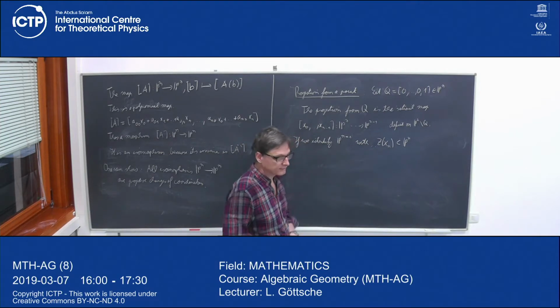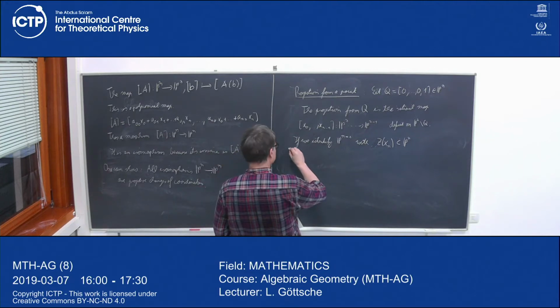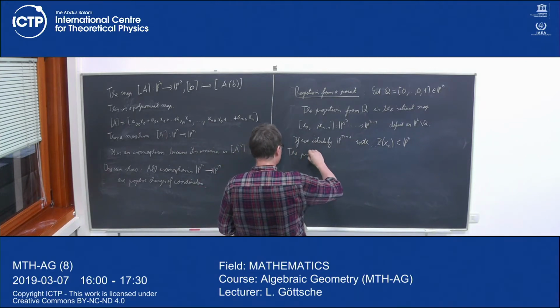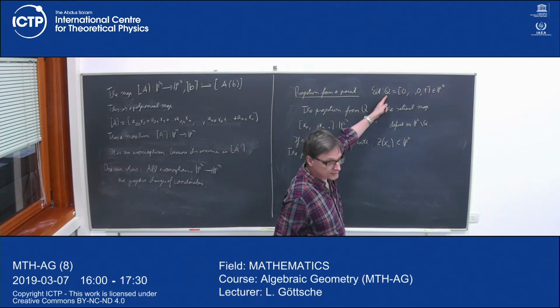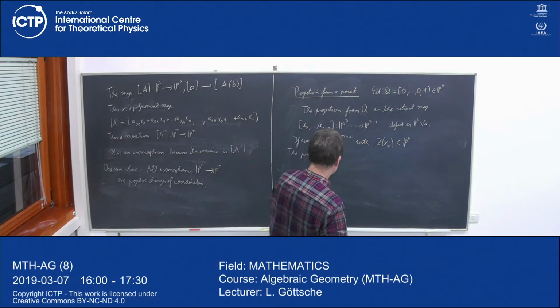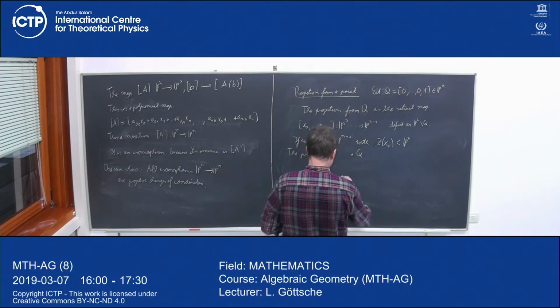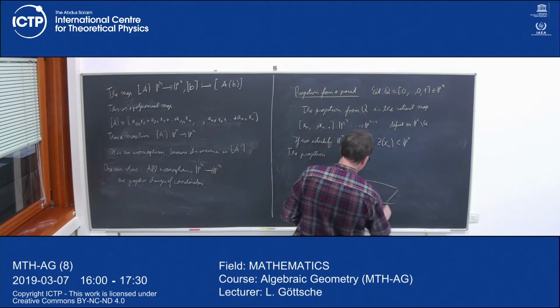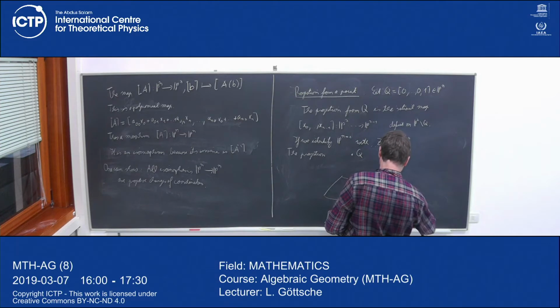So if we use this to identify it, just in our minds, this projection is just the projection from this point. We have our point Q here, and here we have the zero set of xn.